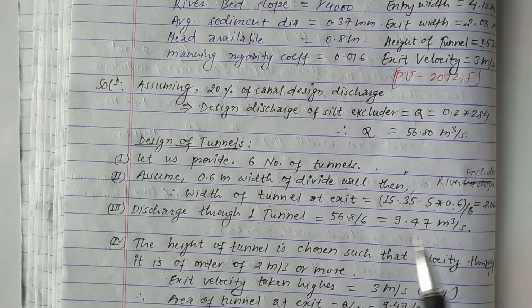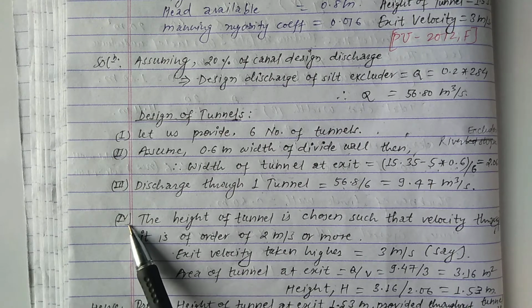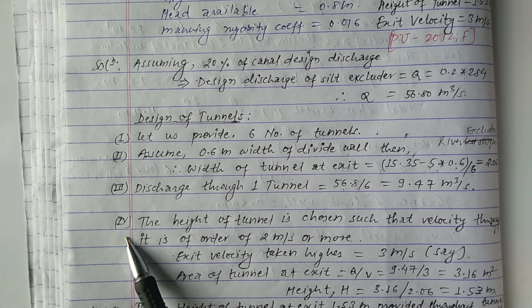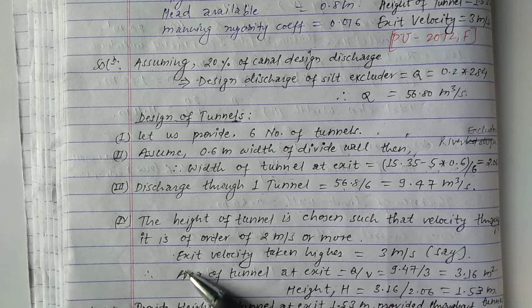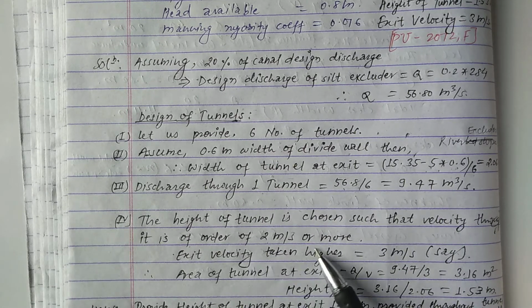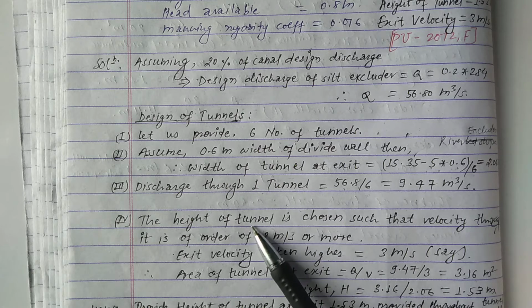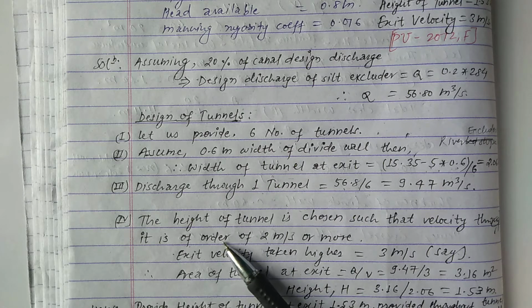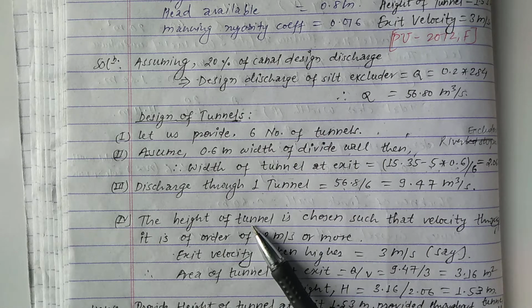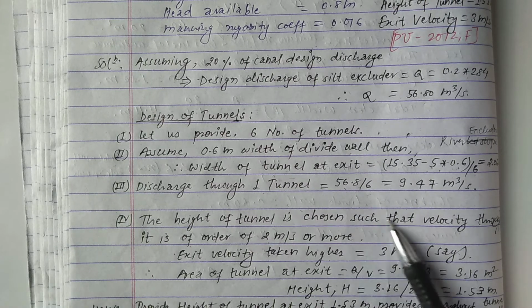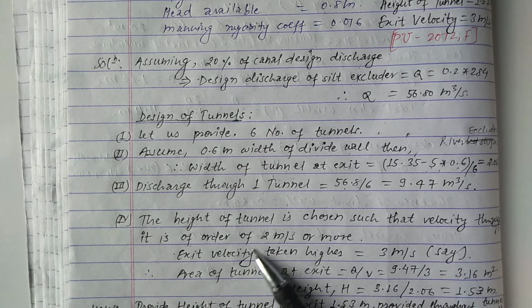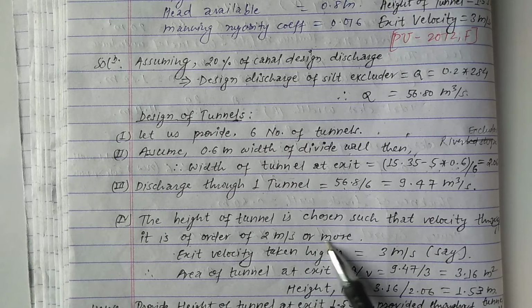for the single tunnel. Now, in the fourth step, the height of the tunnel is chosen such that the velocity through it is in the order of 2 meter per second or more. We have to take the height of the tunnel such that the velocity through it is 2 meter or more than 2 meter per second.